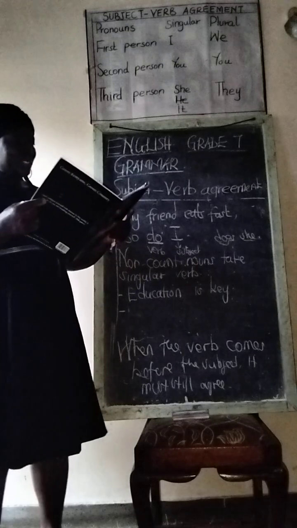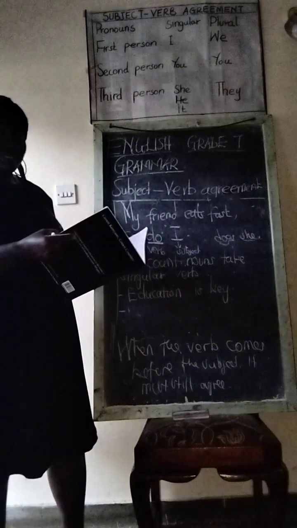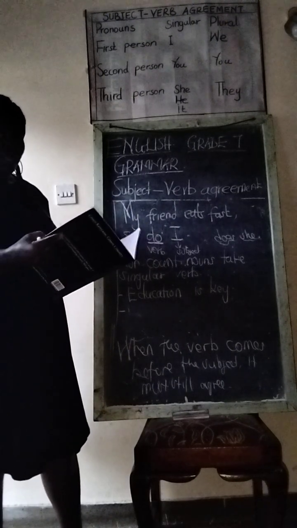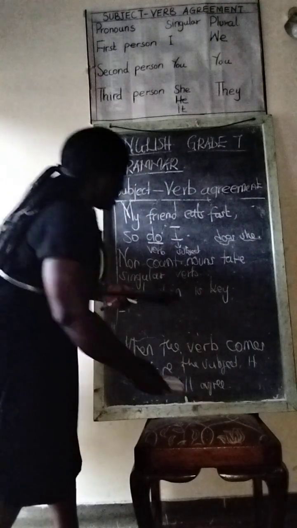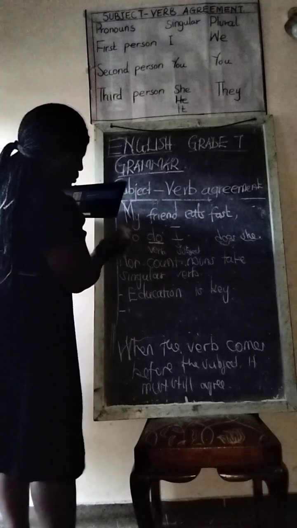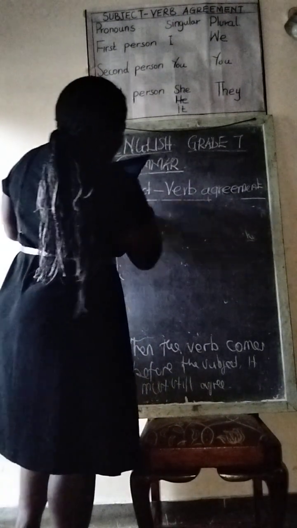For these questions, we are going to find out whether you understood or you need to be taken for remedial classes. Let me write the questions. I hope you've written that non-count nouns take singular verbs, for example, education is key.